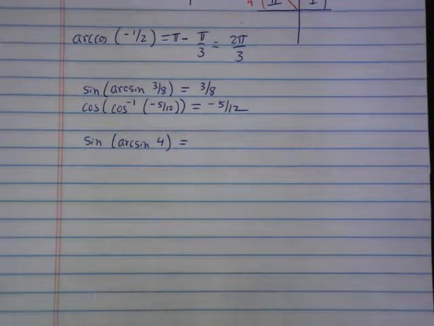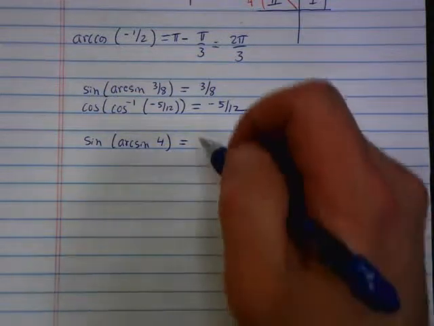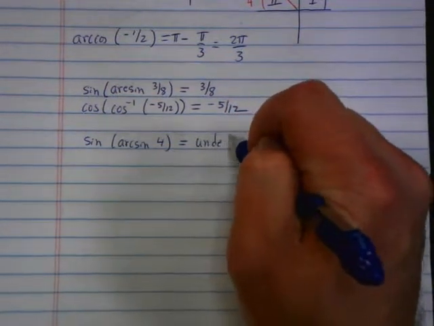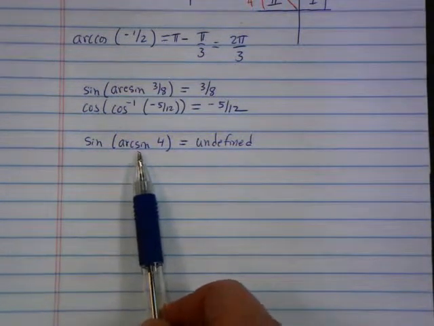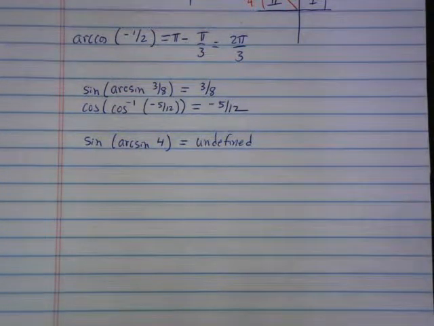So what's the answer? Undefined. So those look easy at first, but you do have to watch out for those trick questions. It's very, very easy to say sine and arc sine cancel each other out. The answer is 4. And that's not the right answer. Can't be 4. 4 is not in the domain and range of the appropriate functions.